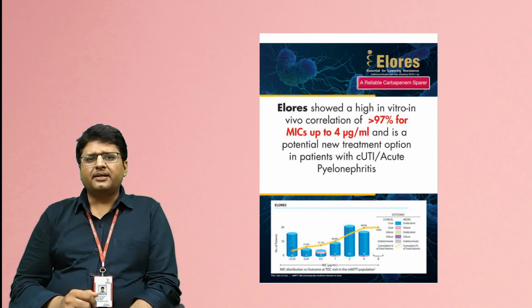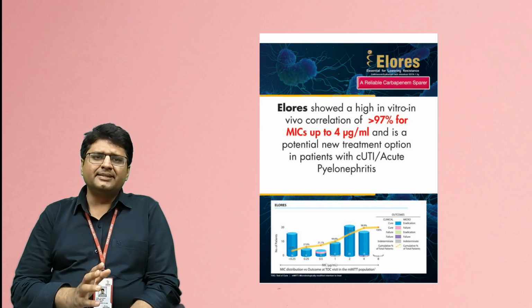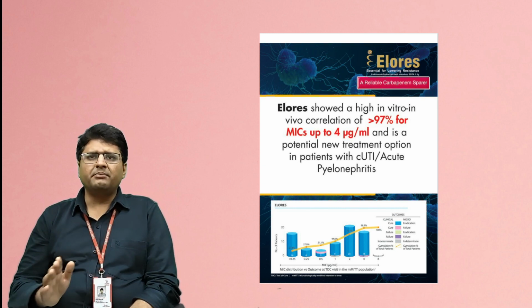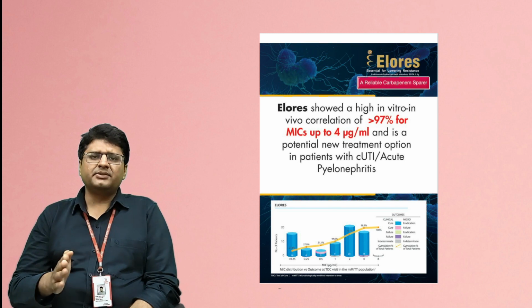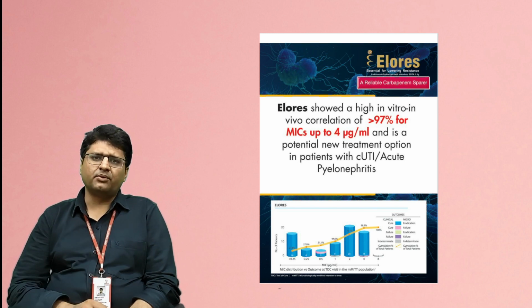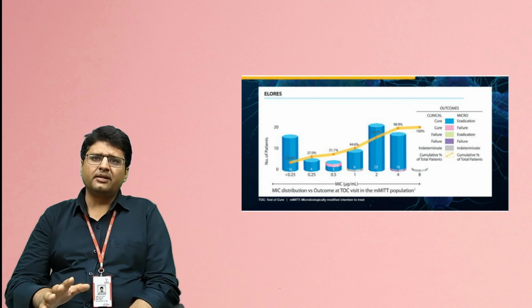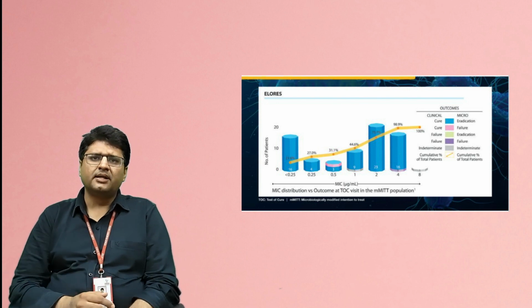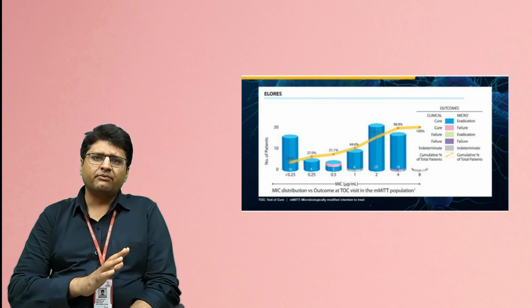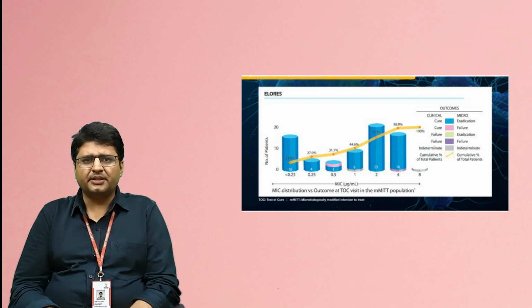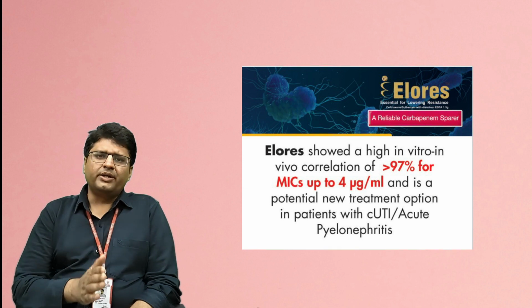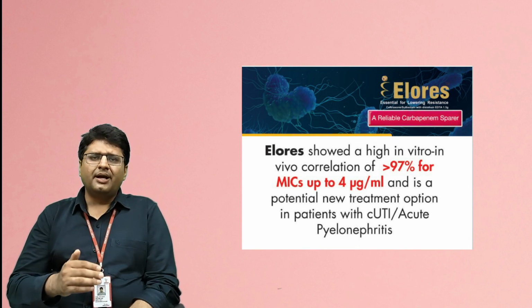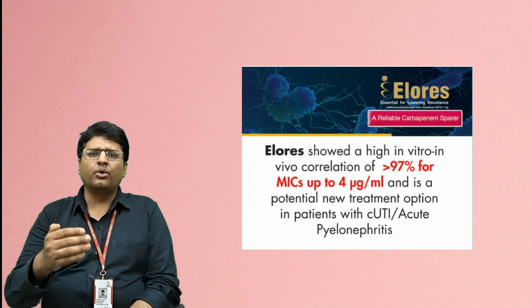But in the Elores group, at MICs up to 4 microgram per ml, there is 97% or more response. Overall, both clinical cure and microbiological eradication rates were higher in Elores as compared to meropenem, with 90% or more response. So here we can conclude that Elores showed a higher in vitro in vivo correlation.